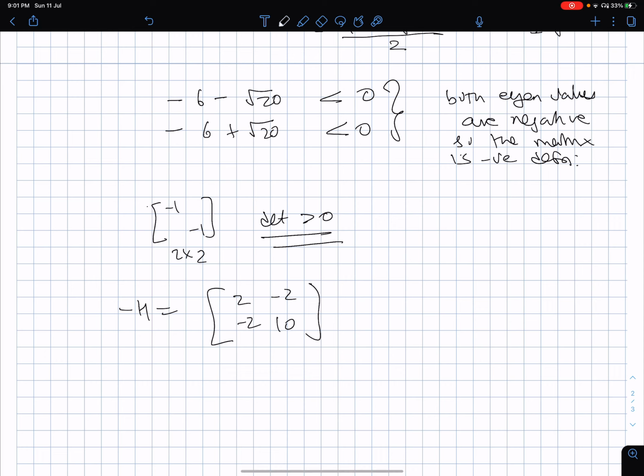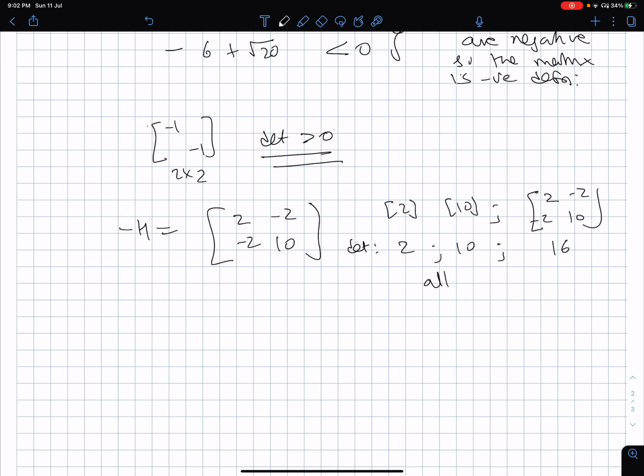minus 2. So now I need to check the determinants of the following three matrices. The determinant of this is 2, determinant of this is 10, and determinant of this is 20 minus 4, 16, all greater than 0. Hence, minus of h is positive definite, or h is negative definite.